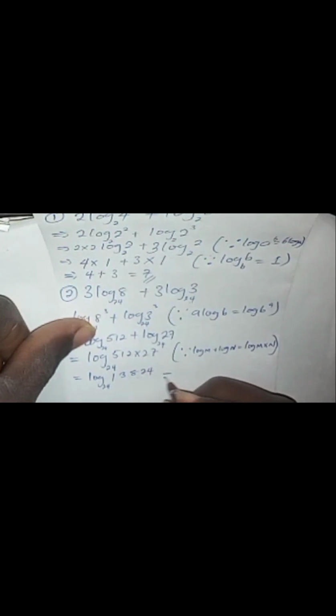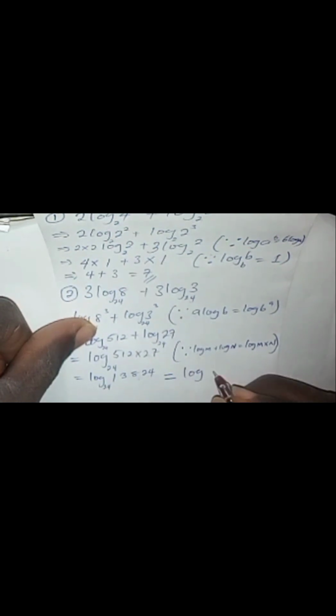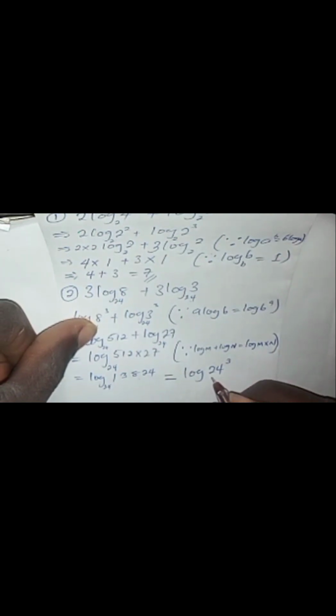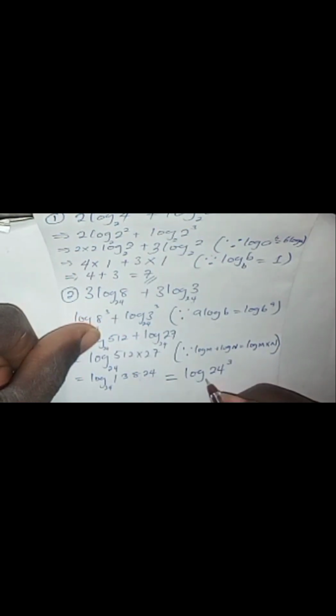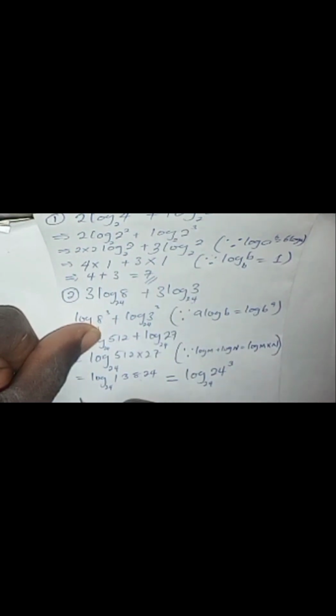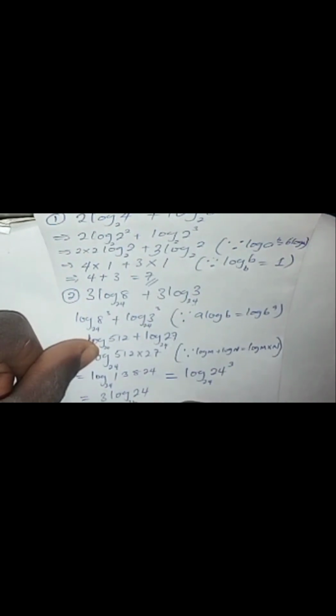And then from here, you find out that 13,824 is the same thing as 24 raised to the power 3. That is, 24 times 24 times 24 will give us 13,824, which we have with base 24 here. From here, this 3 will come to the front, that is to become 3 log 24 base 24.